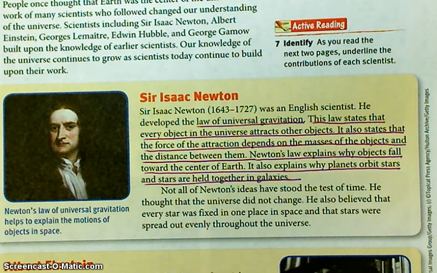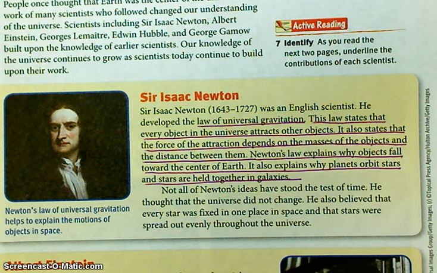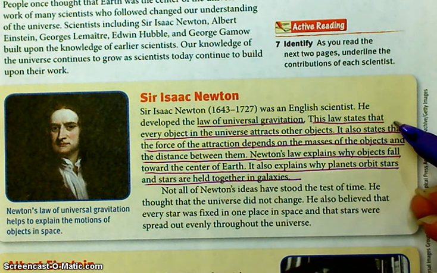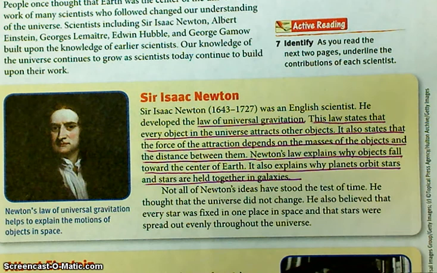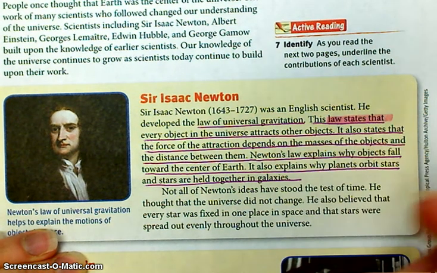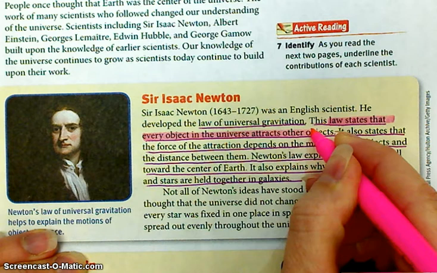You're familiar with Isaac Newton because we've talked about his laws of motion. But he did some other things too, and one of the other laws that he came up with was the law of universal gravitation. And the law of universal gravitation says that every object in the universe attracts every other object. Okay? Anything that has mass is going to attract any other object with mass.